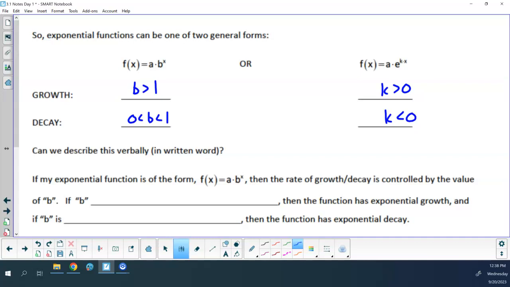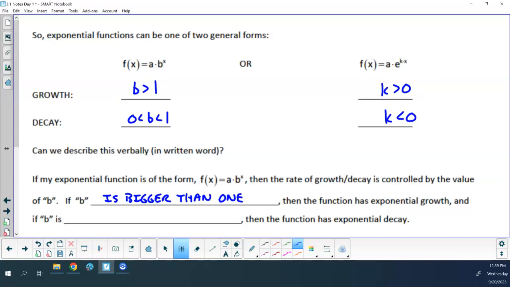In the written word, because we like words: if my exponential function is of the form f of x equals a times b to the x, then the rate of growth or decay is controlled by the value of b. If b is bigger than 1, it's a growth.